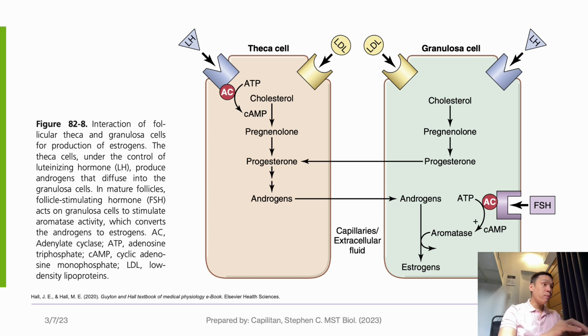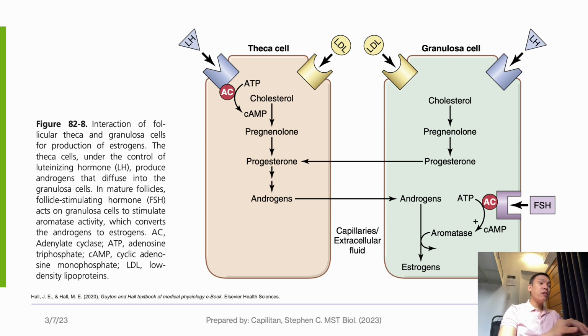So these are the receptors in your theca cells and your granulosa cells, but with the help of your adenylate cyclase, ATP is being converted to cAMP, with cholesterol differentiating into pregnenolone, progesterone, and androgens, passing through the capillaries or the extracellular fluid. These androgens will, with the help of aromatase, become the estrogens.